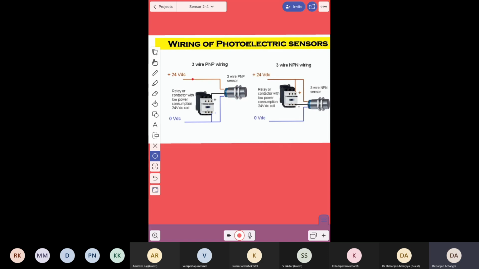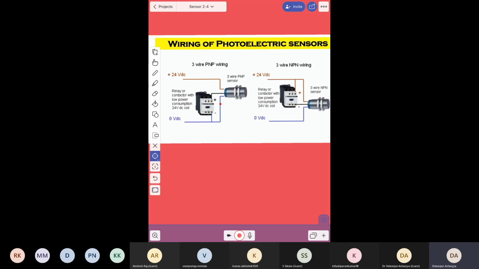The positive supply is connected to the sensor, and for PNP wiring, the output coming from the photoelectric sensor will be positive type, plus VDC, so positive voltage.